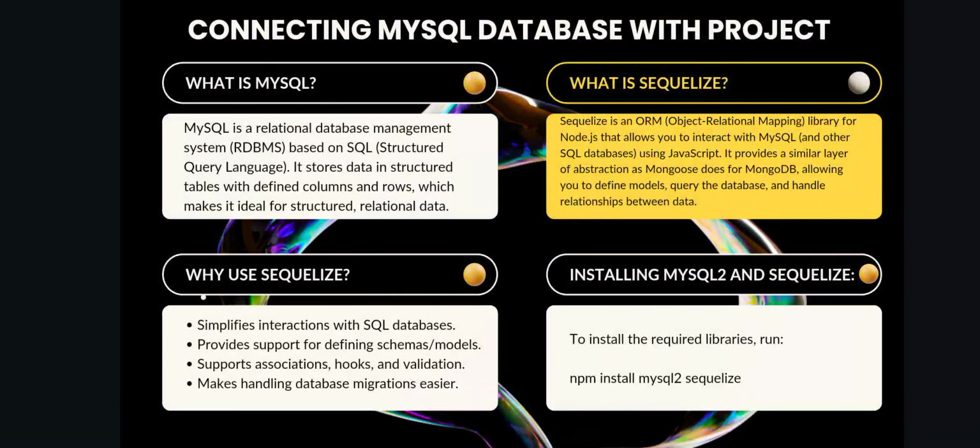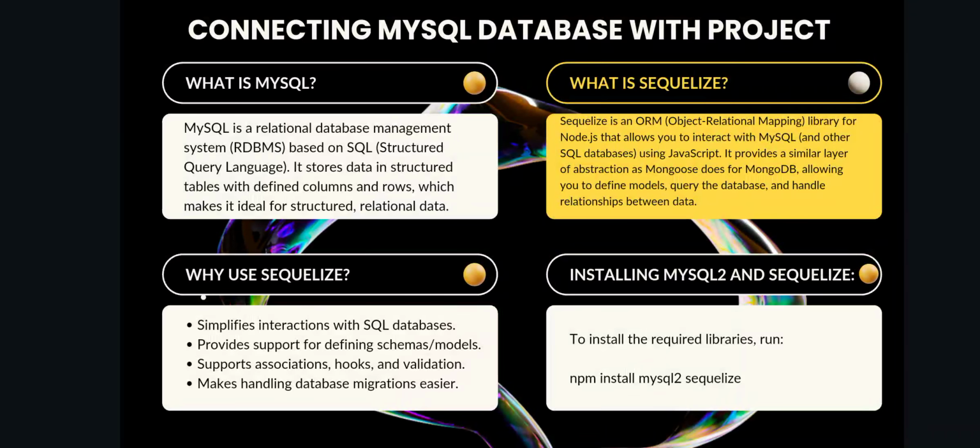And why do you need Sequelize? It greatly simplifies interaction with SQL databases, provides support for defining schemas and models, supports associations, hooks and validation, and makes handling database migration easier. Now installing MySQL and Sequelize.